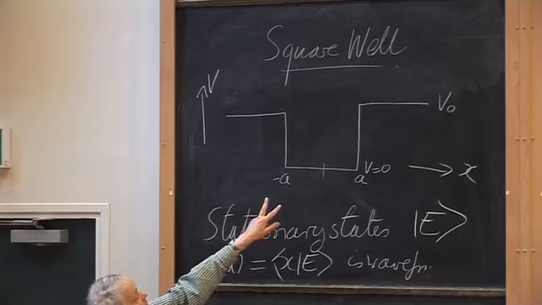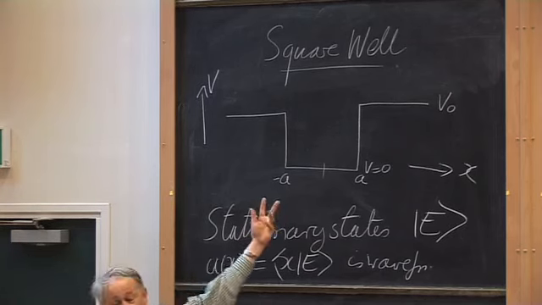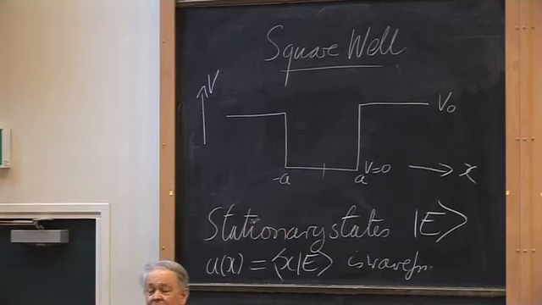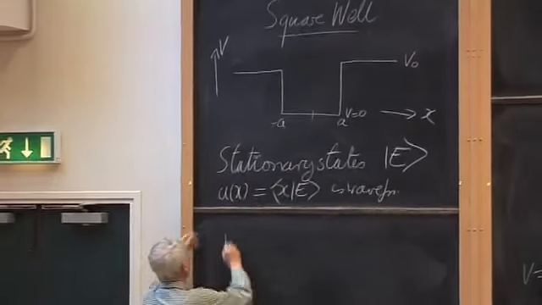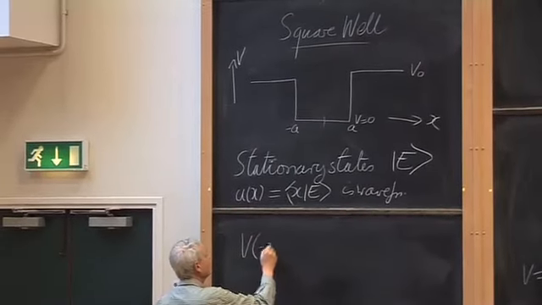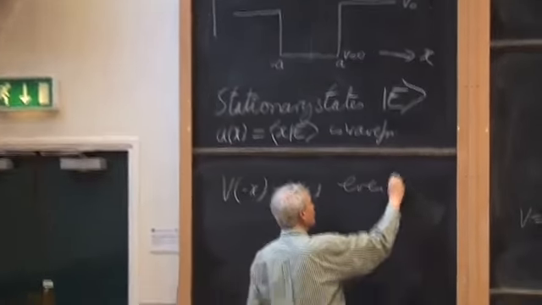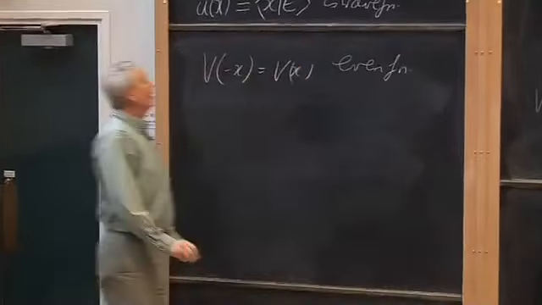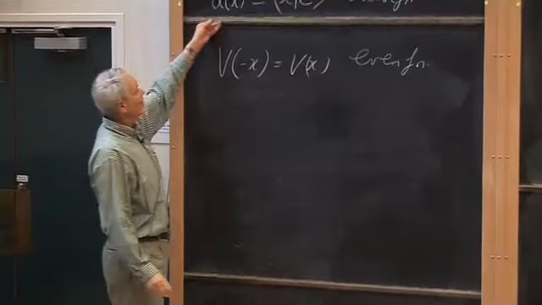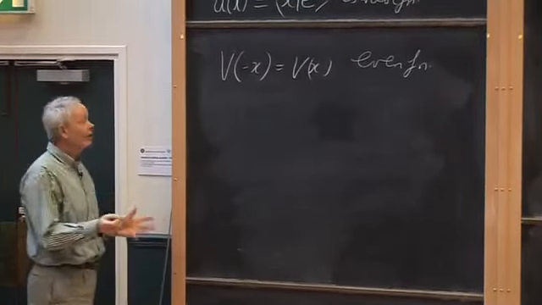Now this potential is symmetrical, it is an even function of x, so we have that V of minus x is equal to V of x. The consequence of that is that we introduced the parity operator last term.